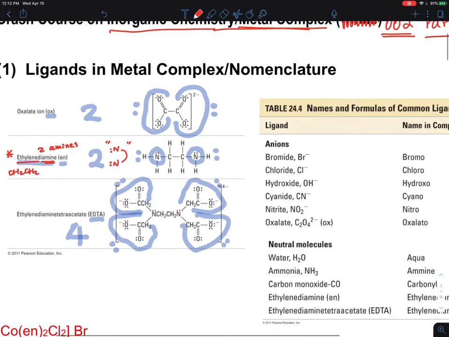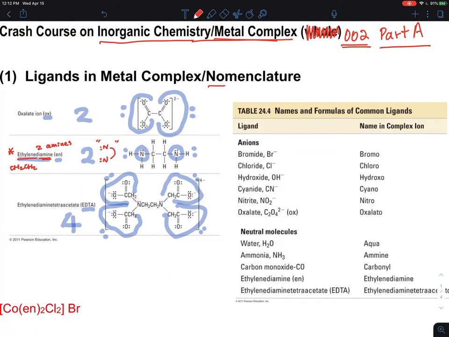In talking about the nomenclature, the ligand has its name, and there are two classes of ligand. One is an anion, a negatively charged one. The other is neutral. There's a common theme that negative ion ligands, for example bromide, chloride, hydroxide, and cyanide, end up with an O when used as a ligand: bromo, chloro, hydroxo, and cyano.